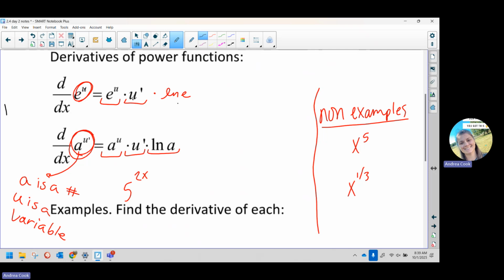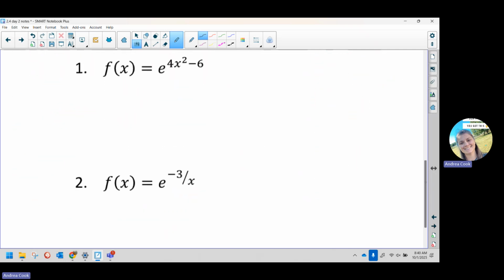These problems are quick. Okay, so derivatives of each. This is your a to the u because it's a number on the bottom and a power on the top. But we're in the specific case of e to the u, so because it's e on the bottom, it's a little bit shorter.